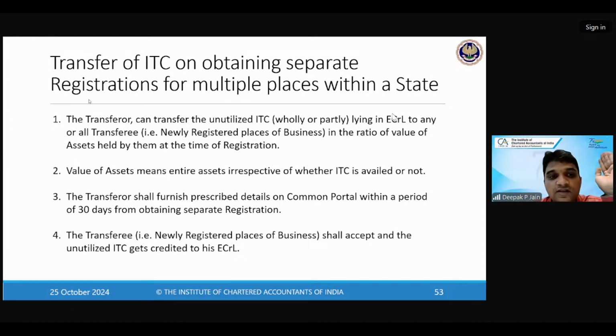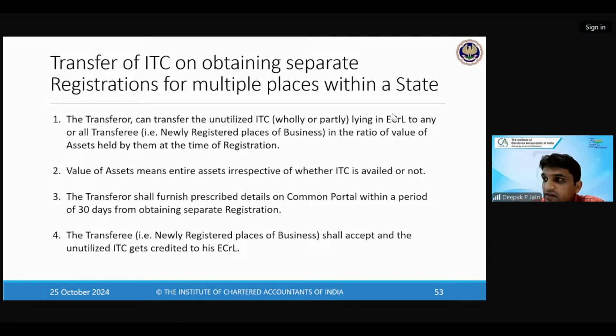So the transferor can transfer the unutilized ITC lying in the electronic credit ledger to any or all transferees, that is within the same PAN, in the ratio of value of assets held by them at the time of registration. But it should be within a state. From one state to another state, you cannot transfer. Within a state, if you are opening one more branch and taking separate registration, then on the basis of assets, you can give them some benefit, correct?